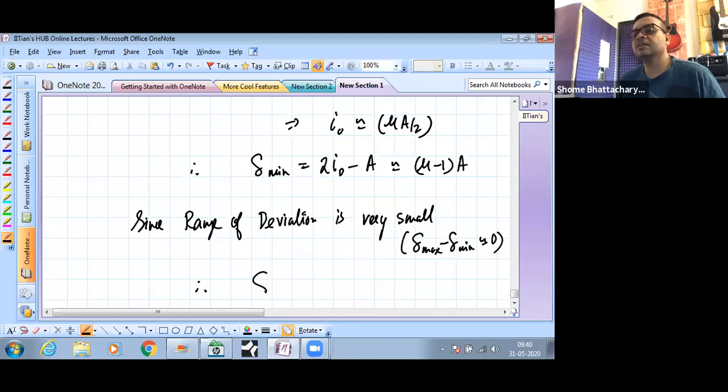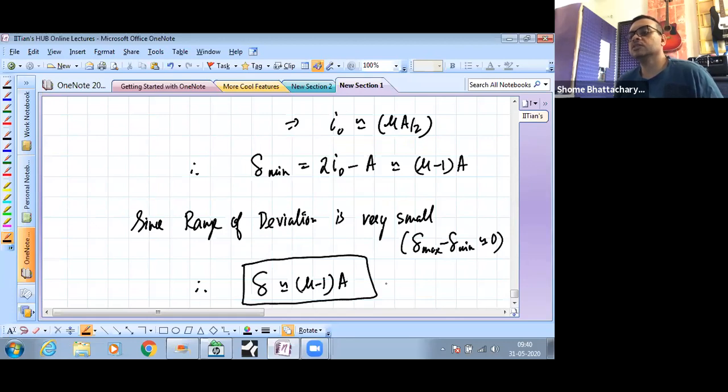Therefore, any general deviation is approximately mu minus 1 into angle of prism. So this is deviation by a thin prism.